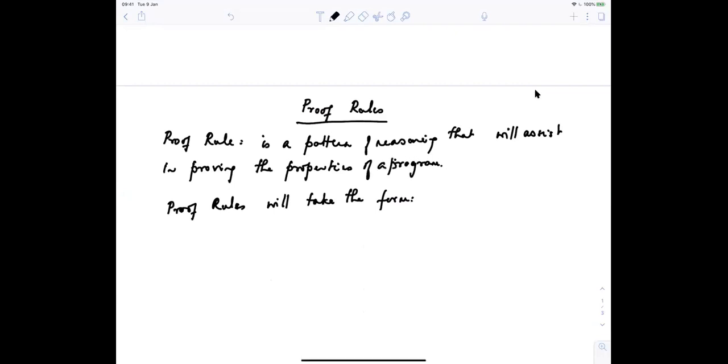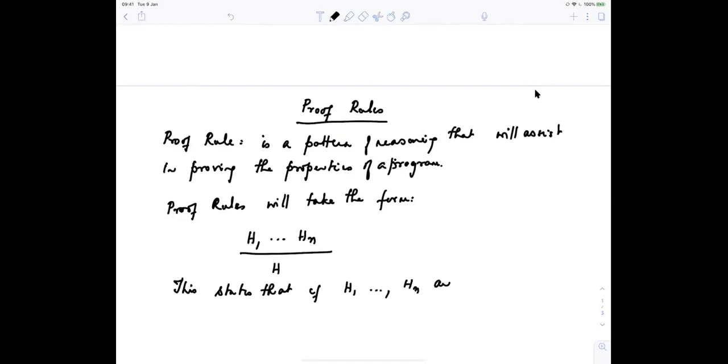And proof rules in this course will take the form H1, ..., Hn, then H. What this essentially states is that if H1 up to Hn are true assertions, then H is a true assertion.